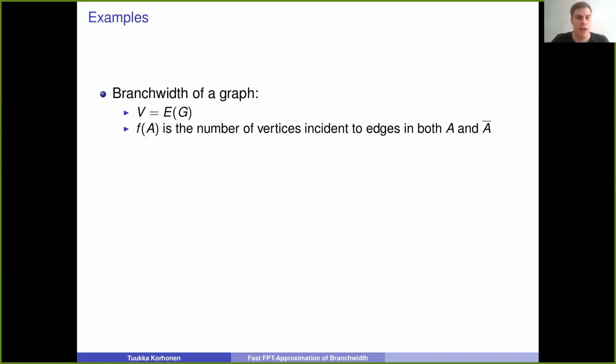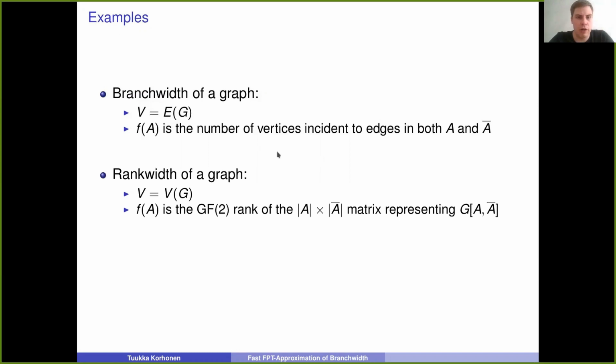Okay. And then for rank width, the set V is the set of vertices of the graph, and the value of this function is the GF2 rank of the matrix representing edges going across this cut given by A and A bar.